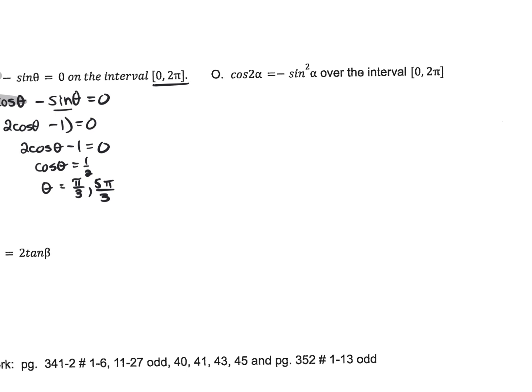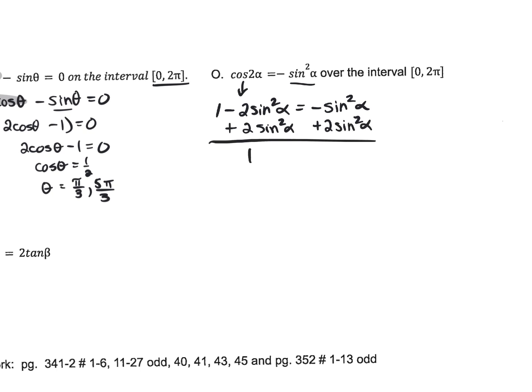So now for cosine, you have a couple different options. But since this is sine squared here, I'm going to pick the one that has sine squared in it. So this one is the third option, 1 minus 2 sine squared. Okay. So I'm going to bring this over, and I get 1 equals sine squared alpha.